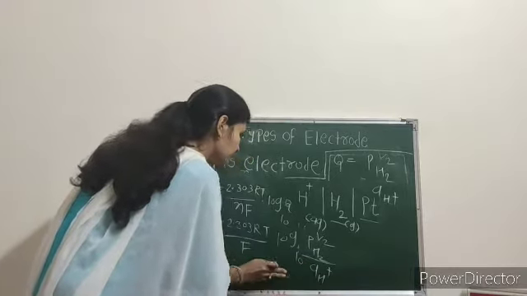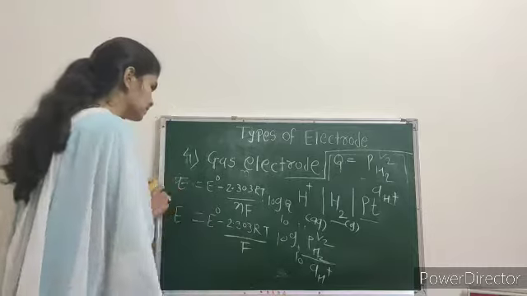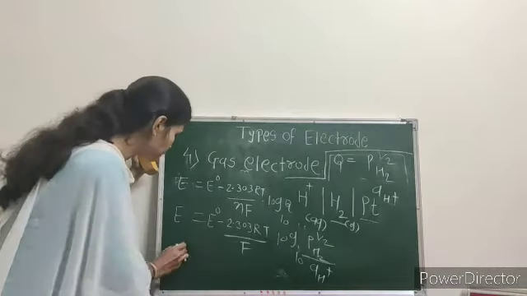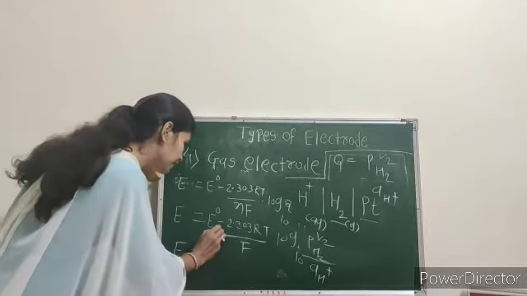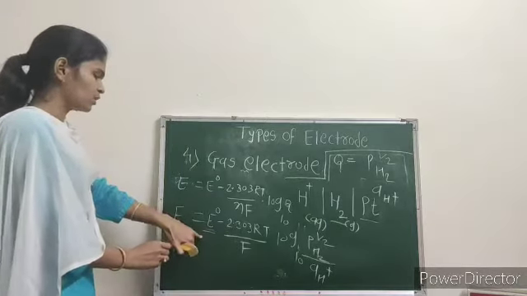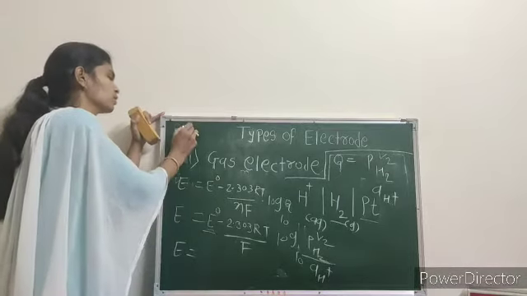This is the equation for this type of gas electrode. E naught for the gas electrode in the EMF series is 0.0 volt.